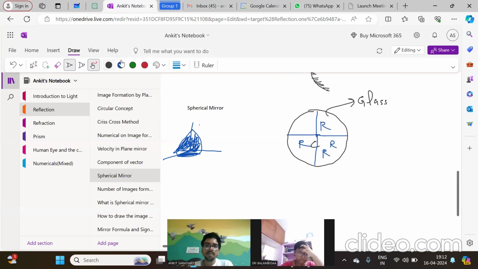Now what is concave mirror? Concave mirror simply means, this mirror is glass. Glass means transparent.